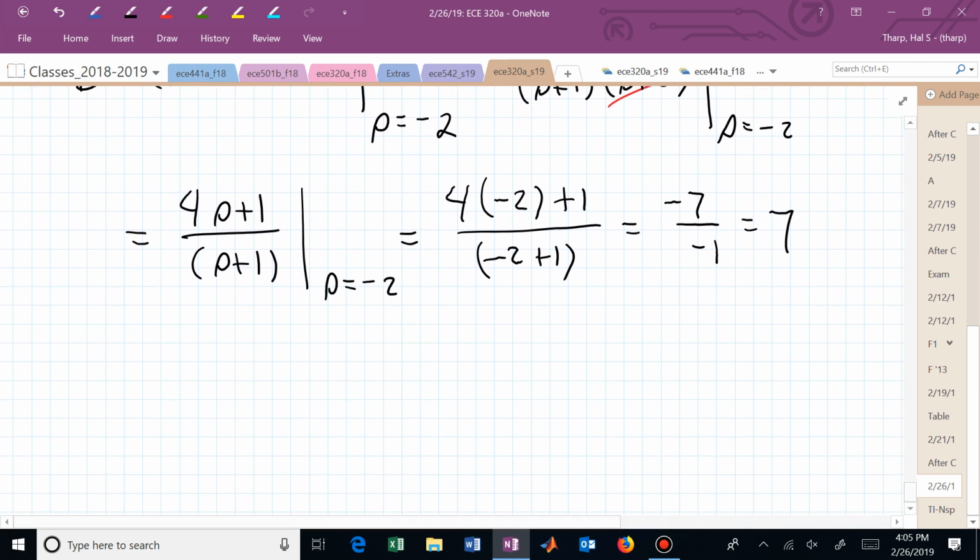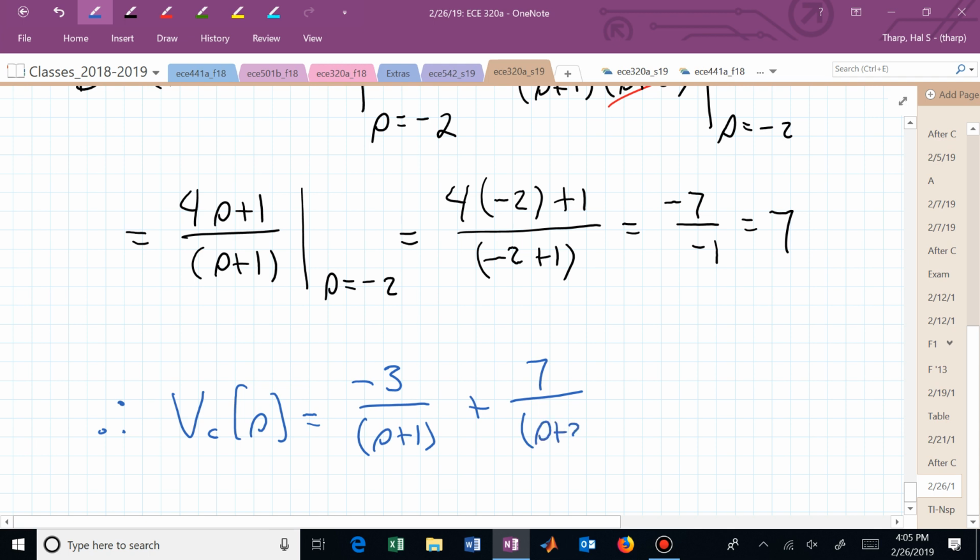Once we found a and b, we now know that capital V sub c of s was minus 3 over s plus 1, plus 7 over s plus 2.